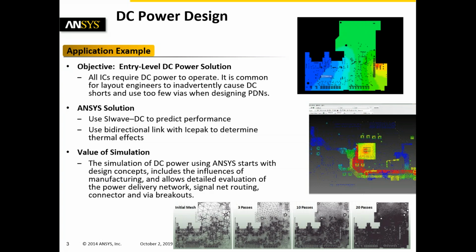But as you can see, the 20 passes has really dense mesh elements on the details, especially in the middle of the board. That's one advantage of using ANSYS electronics products, because automations are being taken care of.